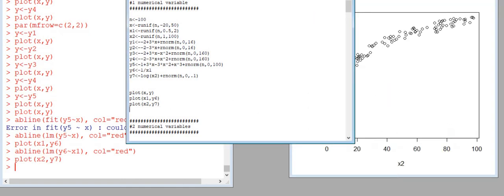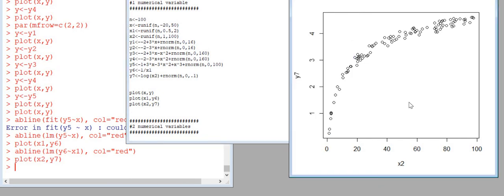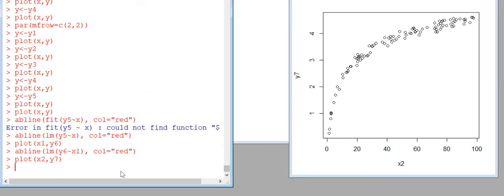Let's try another pattern, something like this. What kind of function properly represents this? Again, if you try to force the linear, just the first order model, y equals beta naught plus beta 1 x2, you can see that it's not really fitting the data.